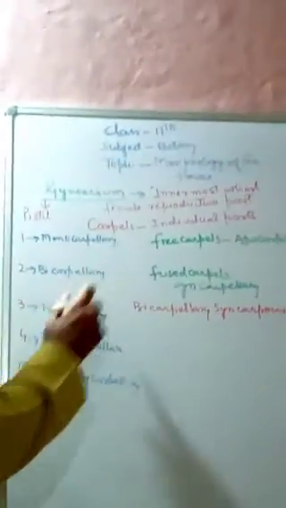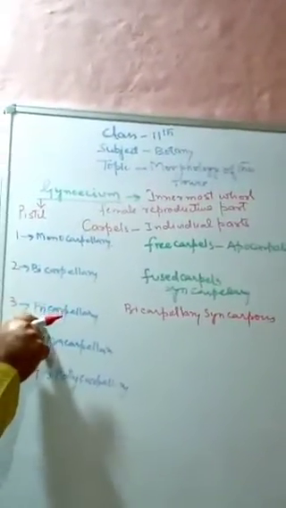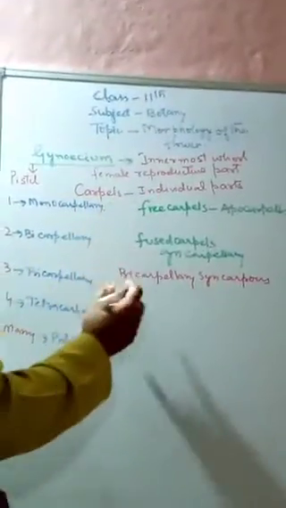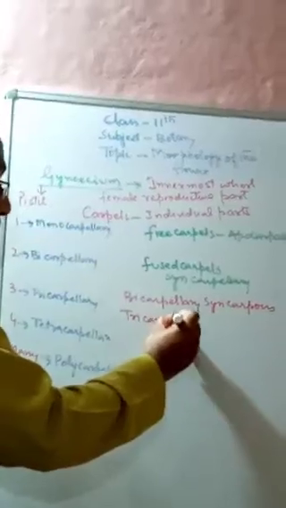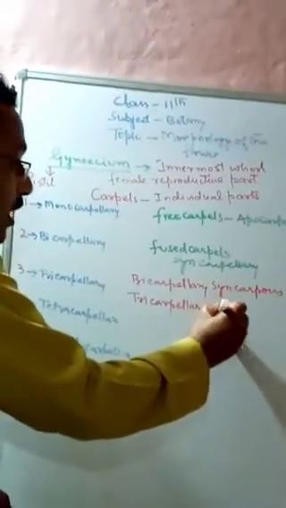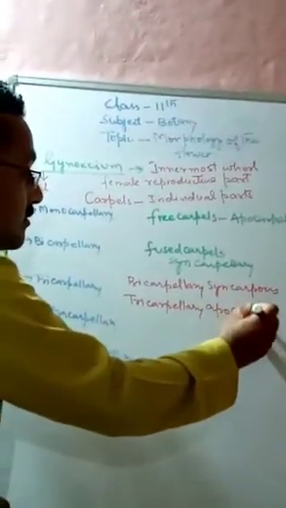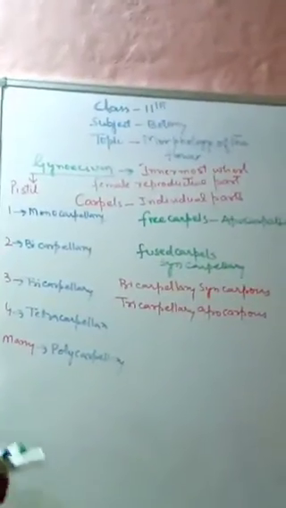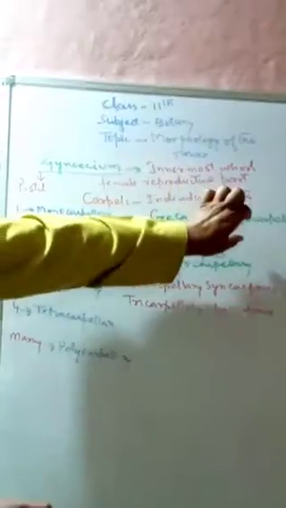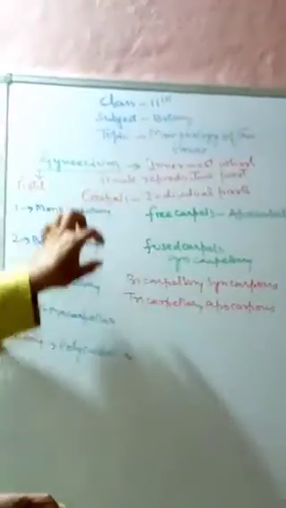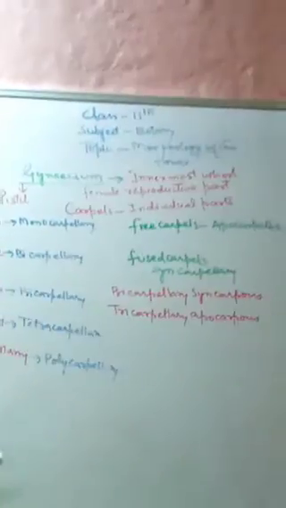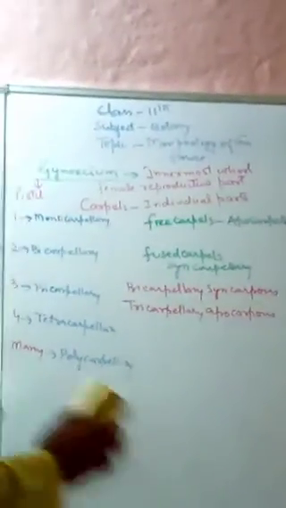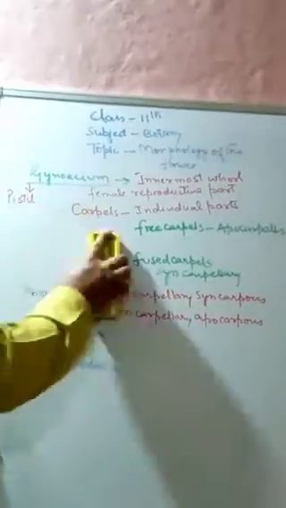If we have three carpels and all three are free, we write tricarpellary apocarpous. So we have two types: free carpels, which are called apocarpous, and fused carpels, which are called syncarpous.